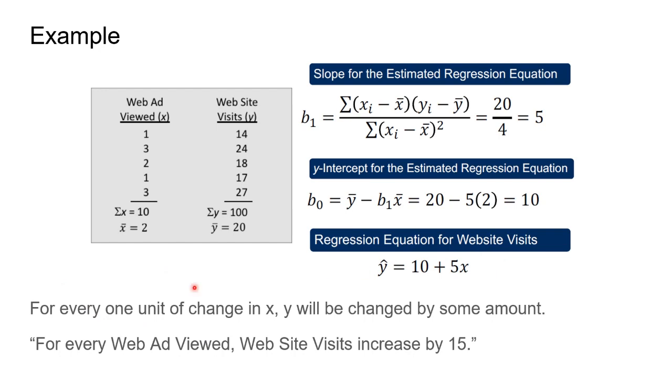Now, the way we would read this is that for every 1 unit of change in x, y will be changed by the same amount. So in our example, we could say for every web ad viewed, website visits increased by 15.